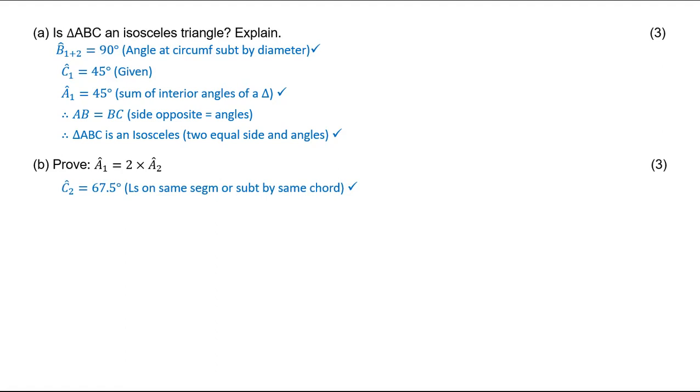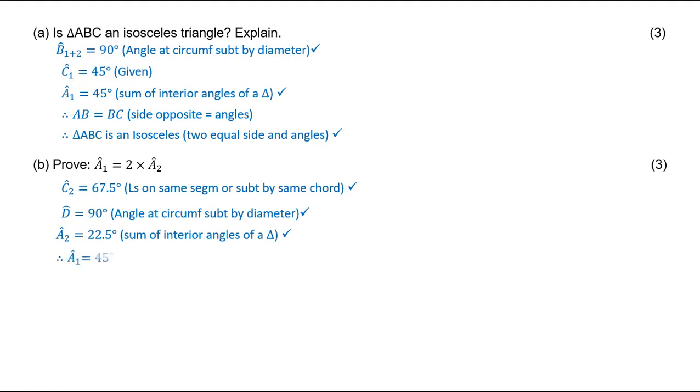And I did show you that angle D is equal to 90 degrees, which meant that angle A2 will be equal to 22,5, sum of interior angles of a triangle. And therefore, we know that A1 is equal to 45. We calculated it above. That means A1 will be twice 22,5, and 22,5 is equal to A2. That's why we say A1 is equal to twice angle A2.